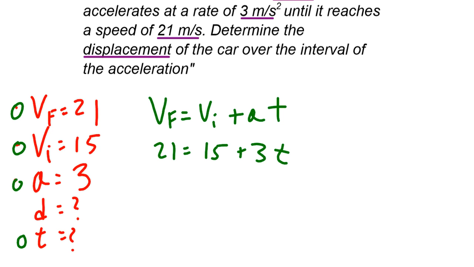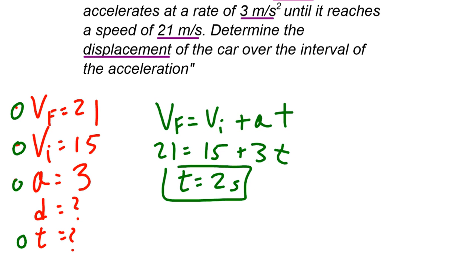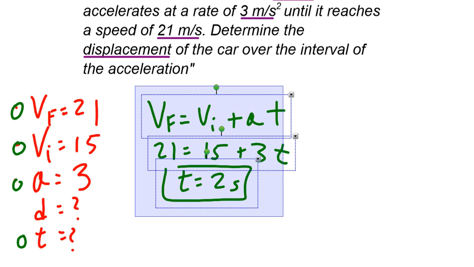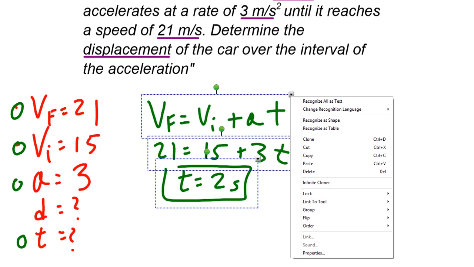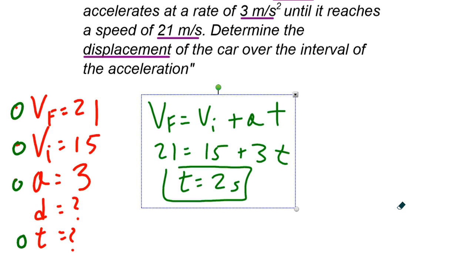Divide by 3, and I get a time of 2 seconds. Meaning, it takes 2 seconds for the car to speed up from 15 meters per second to 21 meters per second. And in reality, this should make sense, because if your acceleration is 3 meters per second squared, that means every second your velocity is increasing by 3. So after 1 second, you're going 18 meters per second. After 2 seconds, you're going 21 meters per second.